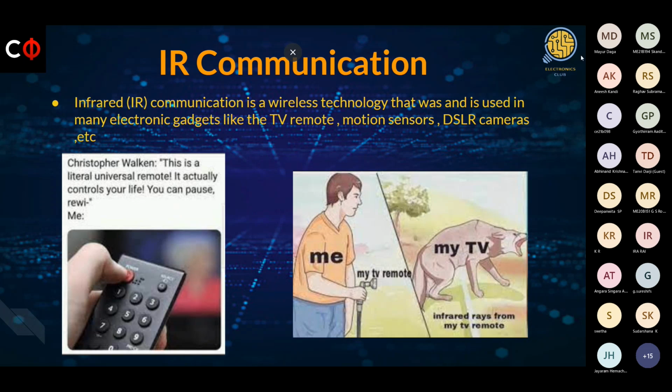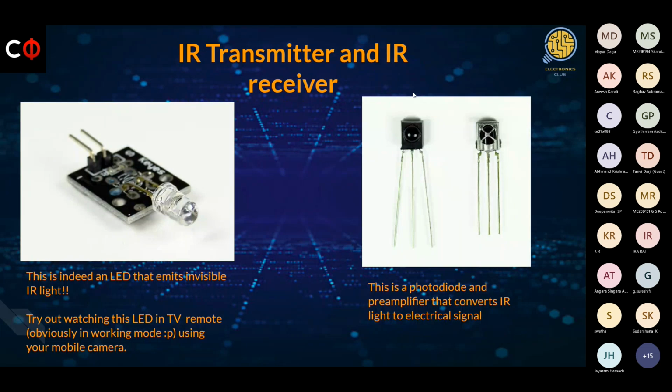Like the TV remote you use is based on IR communication, that is infrared communication. Other gadgets which use this type of communication are motion sensors, DSLR cameras, etc. So moving on, IR communication consists of two parts.